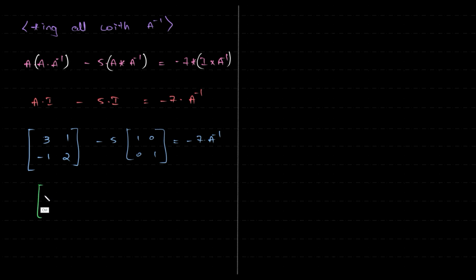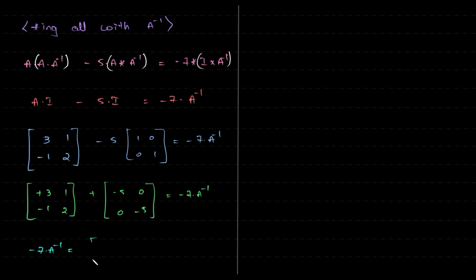So one more step, plus 3 minus 1, 1 and 2, plus of minus 5, 0, 0 minus 5, minus 7 A inverse. So minus 7 times of A inverse is equal to minus 2, 1, minus 1, and this would be minus 3.